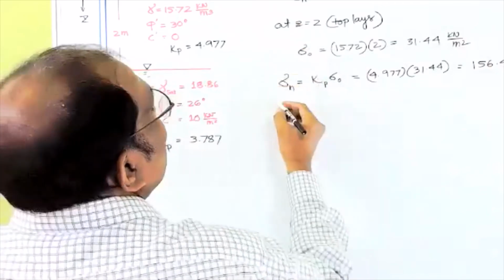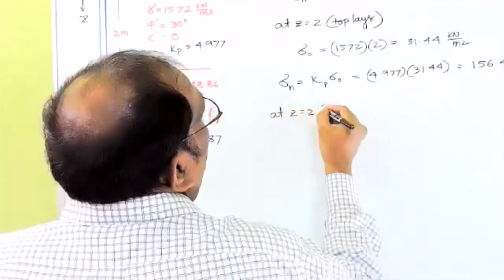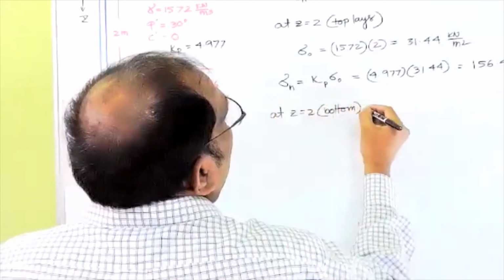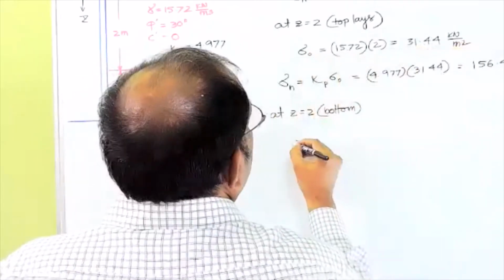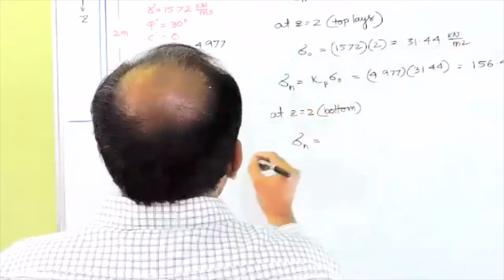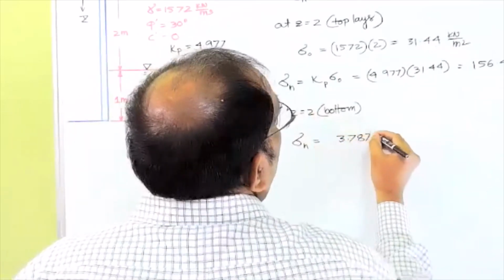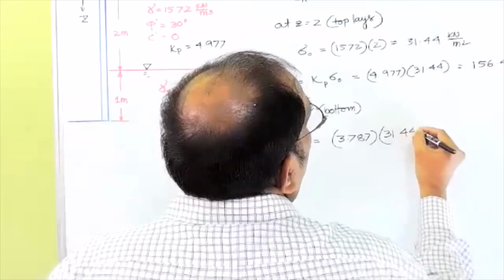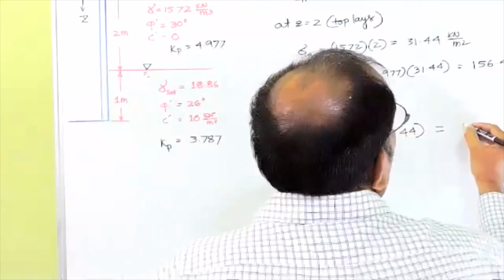Now, if I say like just add z equal to 2 for bottom layer, then you can see this one remains same, but my sigma h would be now 3.787 multiplied by 31.44, which is basically 119.06.